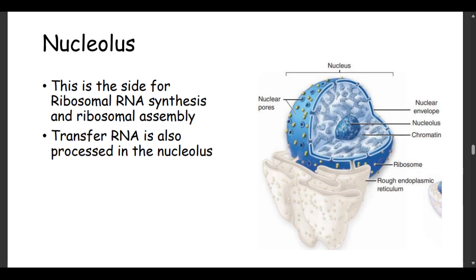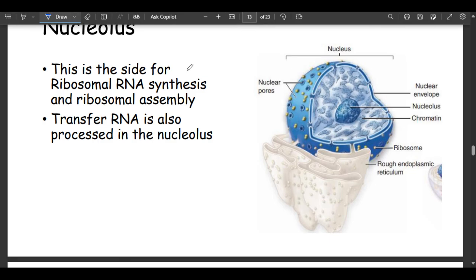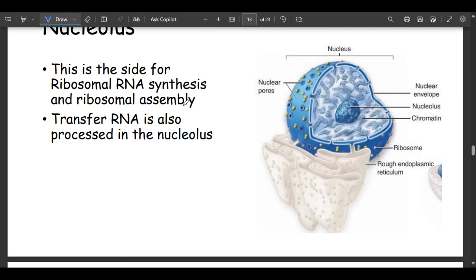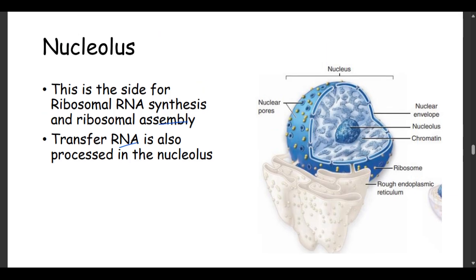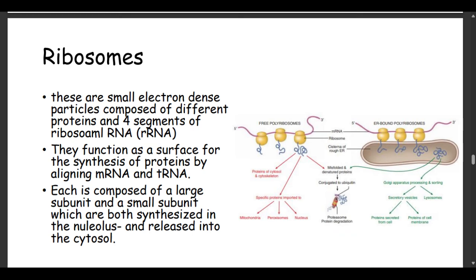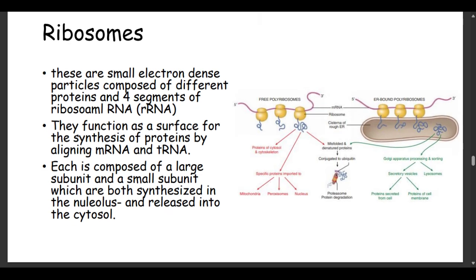All right, so the nucleolus, like we said, the nucleolus is the main site for RNA synthesis and ribosomal assembly. Transfer RNA is also processed in the nucleolus. That's basic. I think we already talked about this. All right, so the ribosomes themselves, these are small electron dense particles, also electron dense, that are composed of four different segments of ribosomal RNA. So these are assembled in the nucleolus, and then their main function is basically to produce proteins.